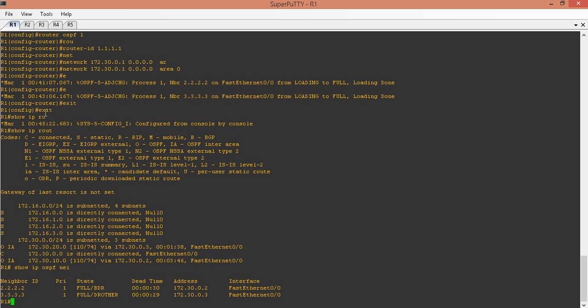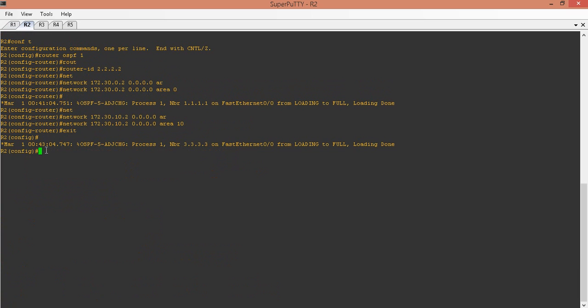The purpose of the backup and designated router is to manage the amount of information being sent to neighbors.